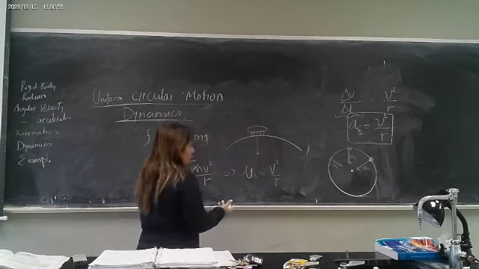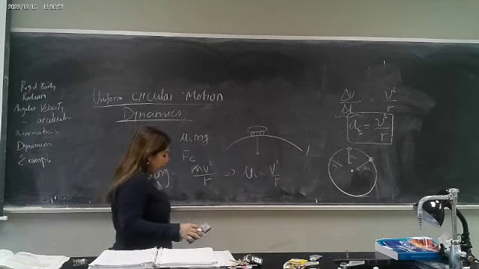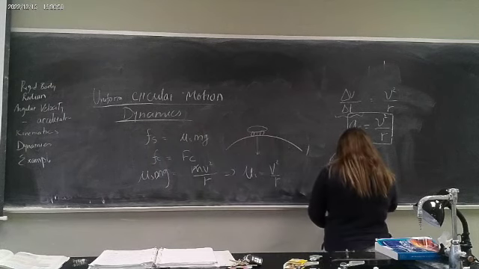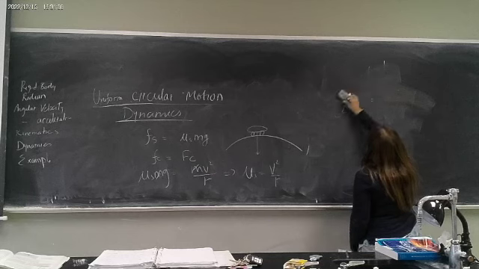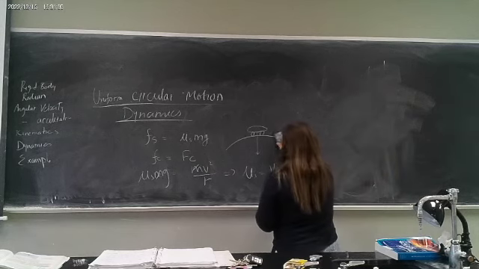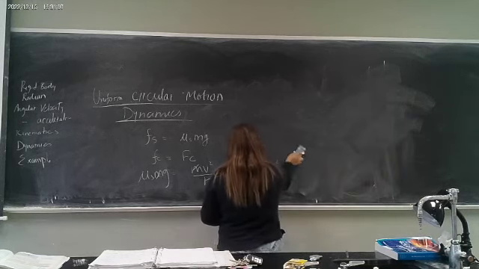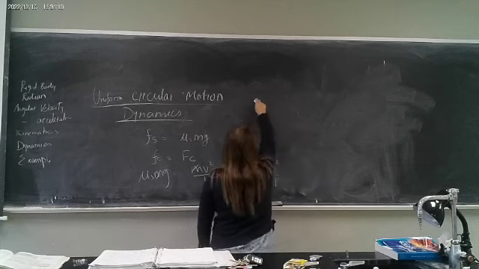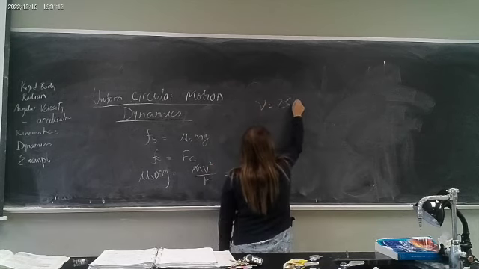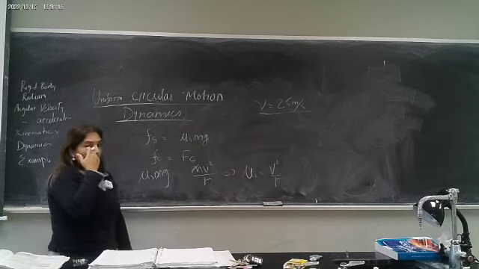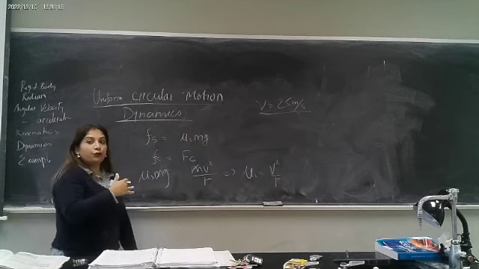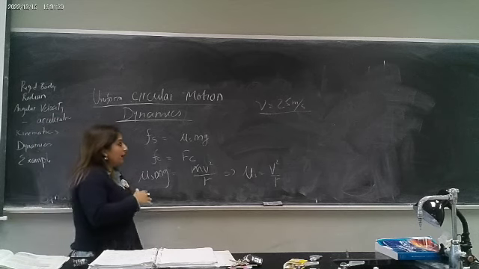So if we want to know what should be the value of the static friction coefficient, for example, if the speed is 25 meters per second, how much should be the static friction coefficient in order to keep that car on track and not slip?